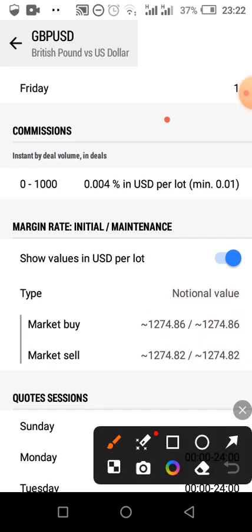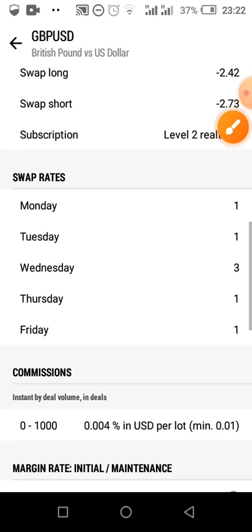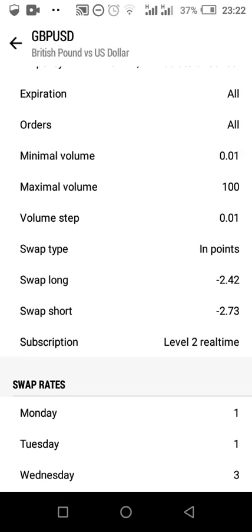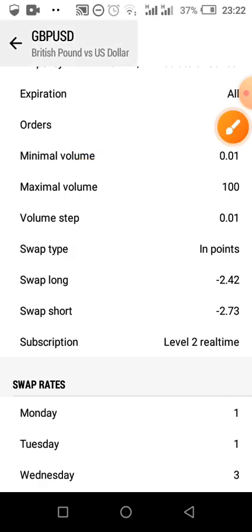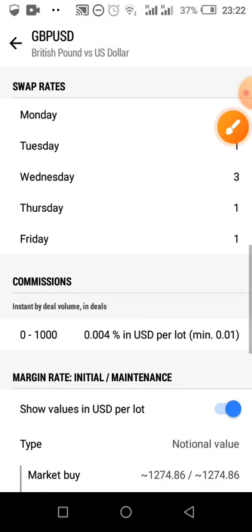Now, since here it's written US dollars per lot, and since for the currencies the minimum volume is 0.01 lot, that's 100 times less than one standard lot.